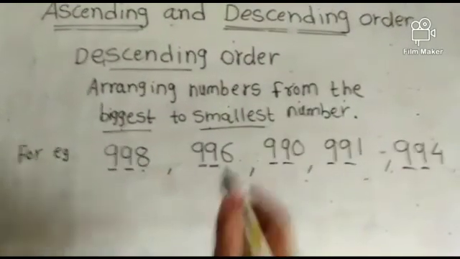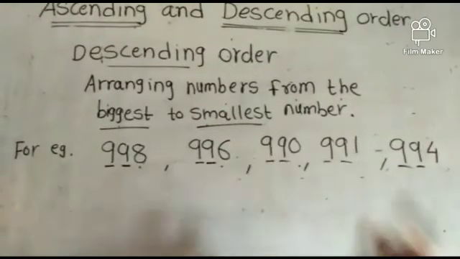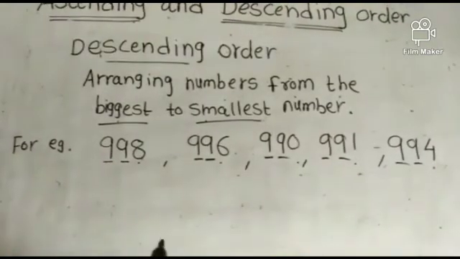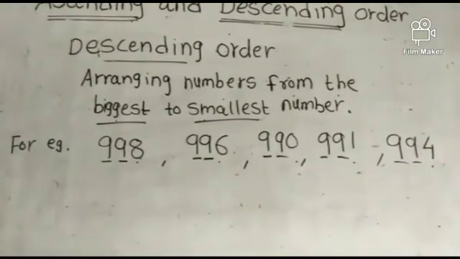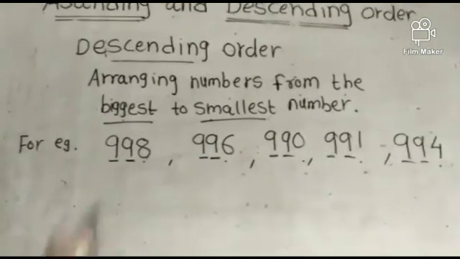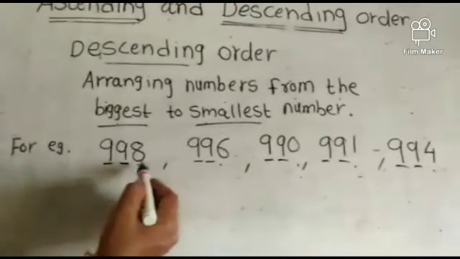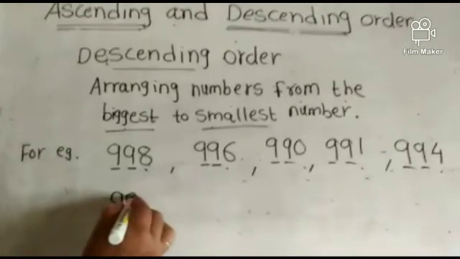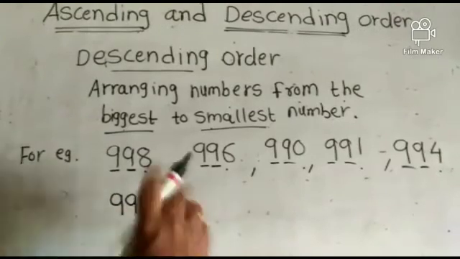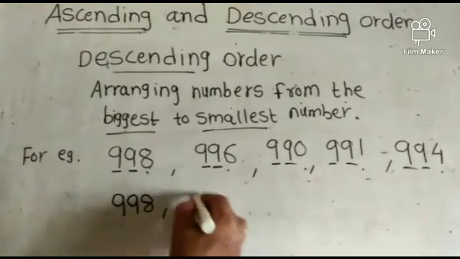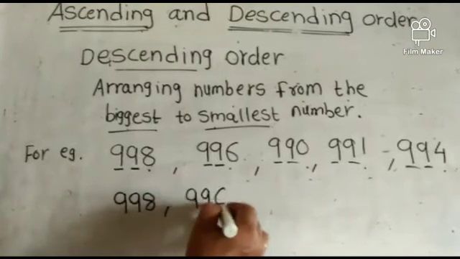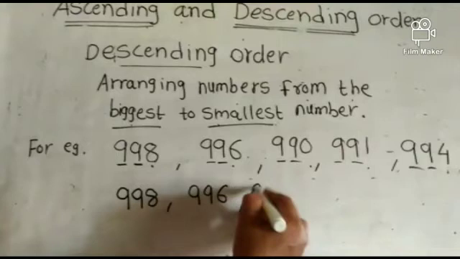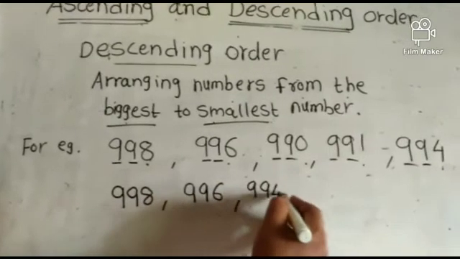Here is 8 ones, 6 ones, 0 ones, 1 ones and 4 ones. And we have to write biggest number first. So this 8 ones is biggest. We will write first 998. Then 6 ones, 996. Then this 4 ones, 994.